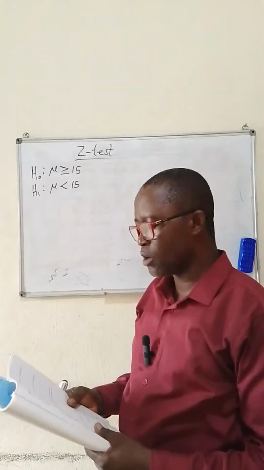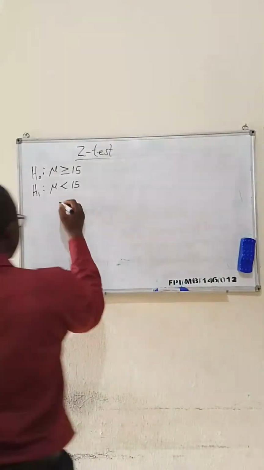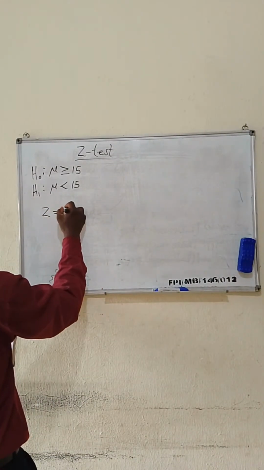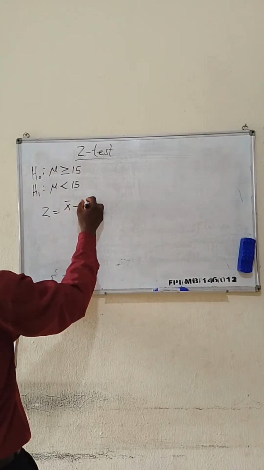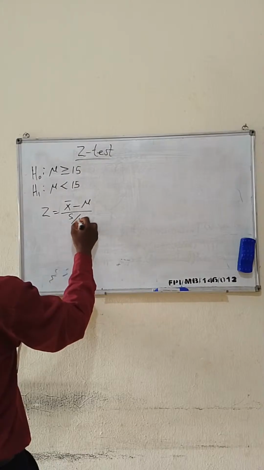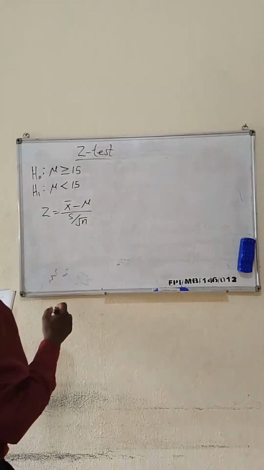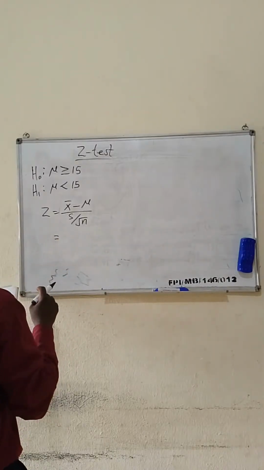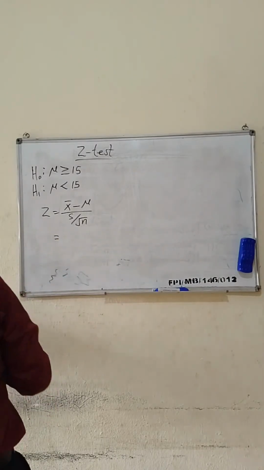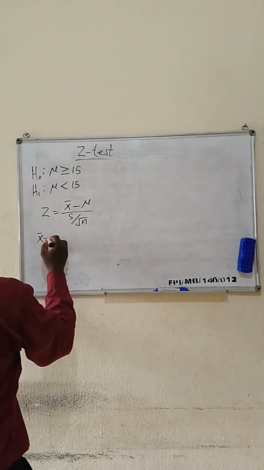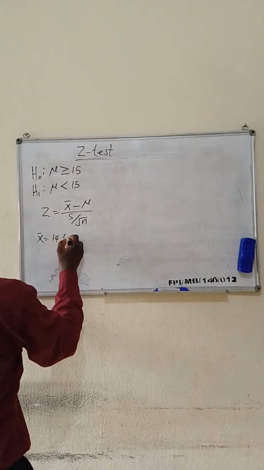Now, the test statistic that we choose is Z. Z test. And here is the formula for the Z test. All right. And then we are told in the question that the average X bar is equal to 14.6.